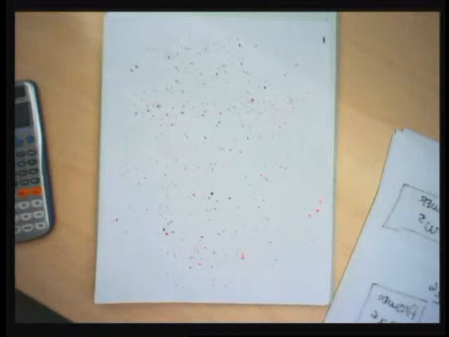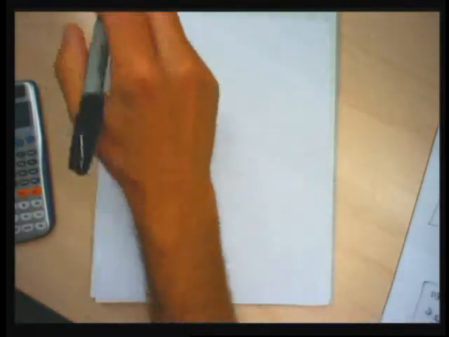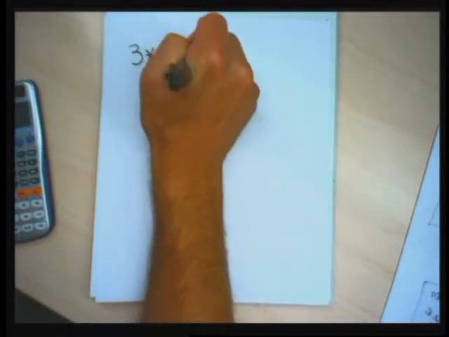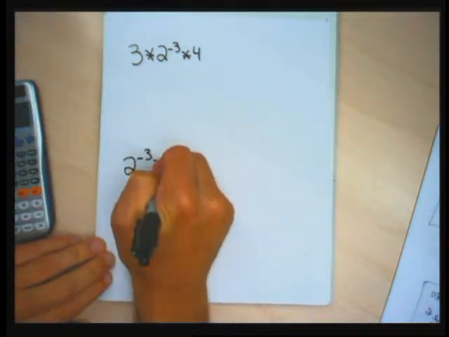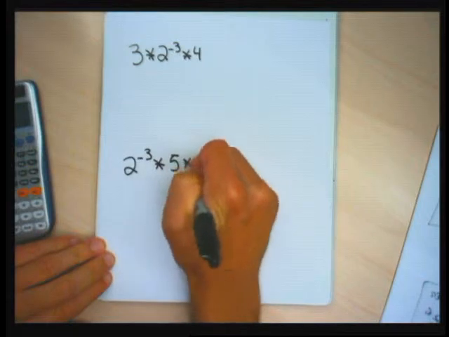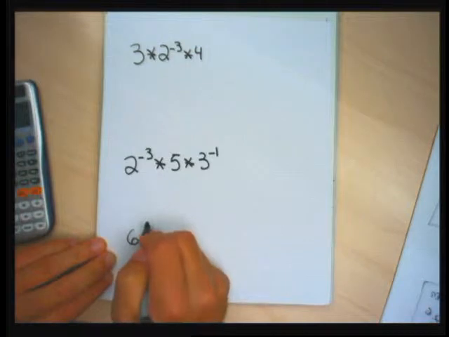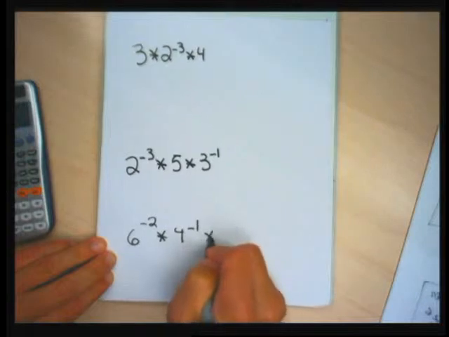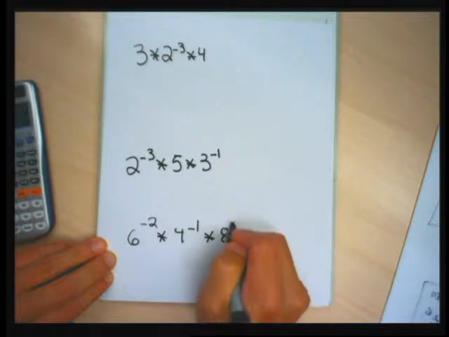All right. So the next few problems, again, I'm going to try to motivate how to do the problems by making up problems that we can do on our calculator. So let's try this. 3 times 2 to the negative 3 times 4. How about this? 2 to the negative 3 times 5 times 3 to the negative 1, and how about 6 to the negative 2 times 4 to the negative 1 times 8 squared.